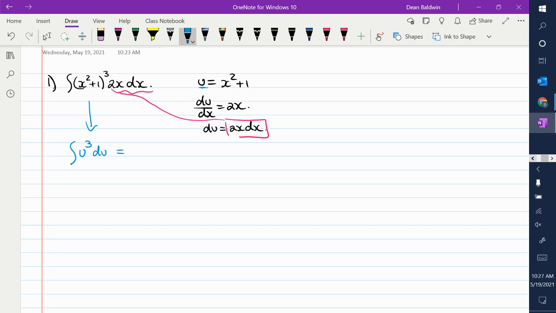So if I just said, what's the integral of u cubed? U to the 4 over 4. We have to put a plus c because this is an indefinite integral, right? There's no endpoints. All right.